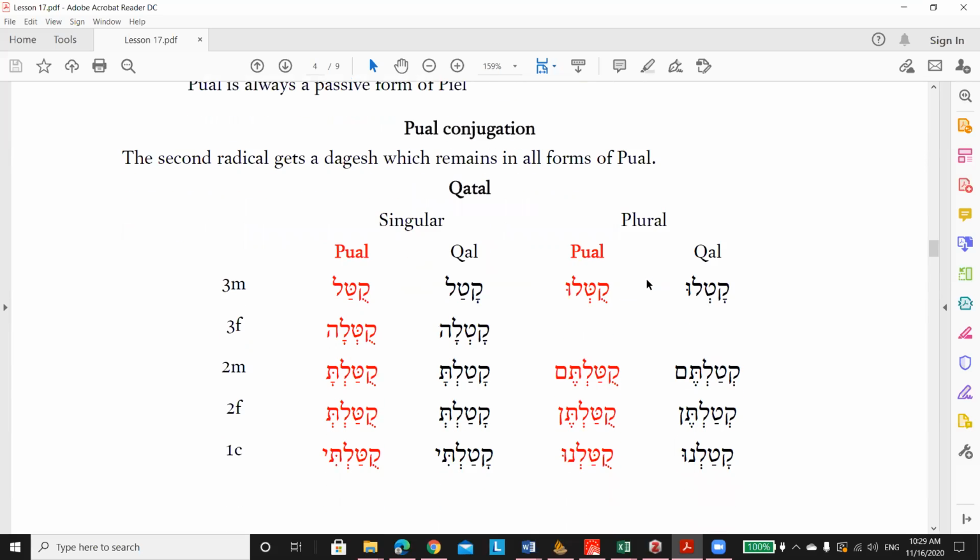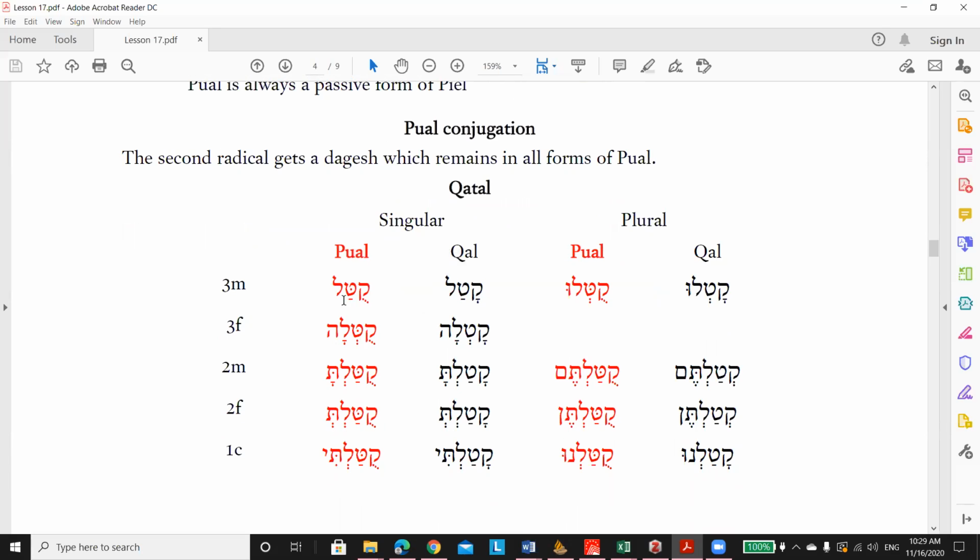We need to remember the vowels of Pual. So it has vowels kibbutz, patach, and because it is the same conjugation, it has dagesh forte in the second radical, in the second consonant of the root.